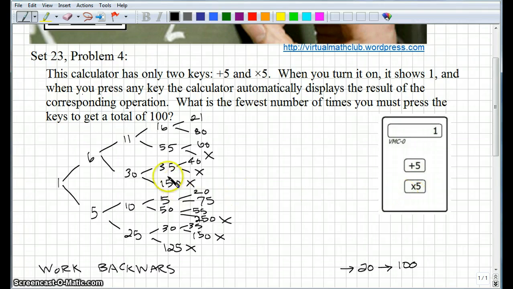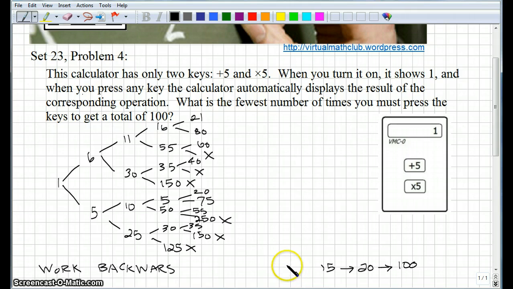Because you're going to start with one of those two keys and you're automatically going to be over 4 right away. So it looks like we're going to have to add 5 to get there. So this would be 15. We have the same problem here as well. In order to get this by multiplying by 5, we'd have to start with a 3, and you just can't get to a 3.